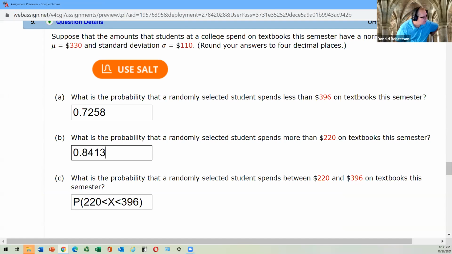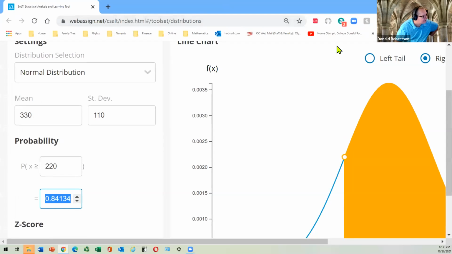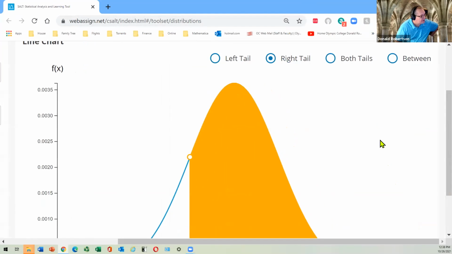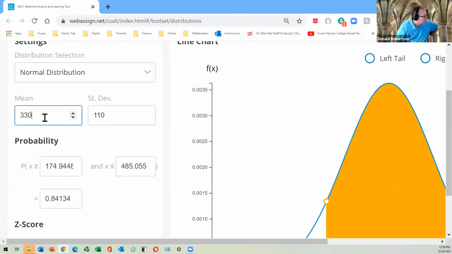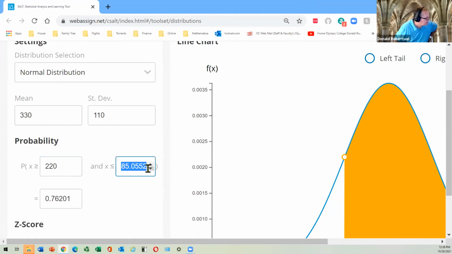So here we go. And the last one is going to be 220 to 396. So that's going to be a between. 220 on the small side, and 396 on the big side.